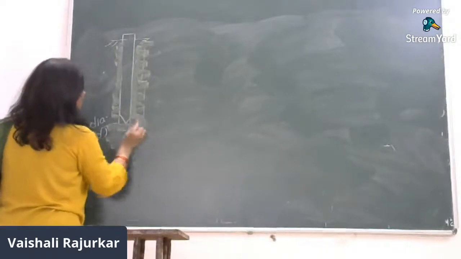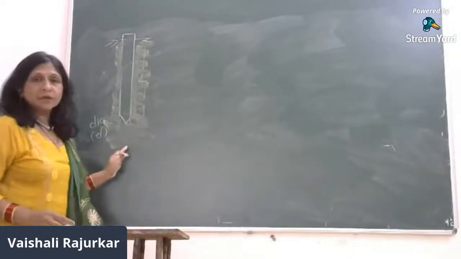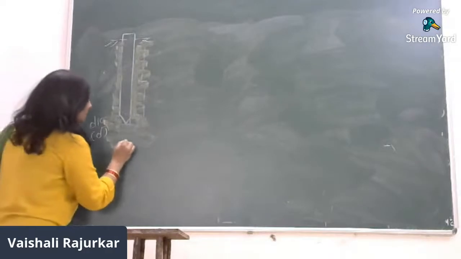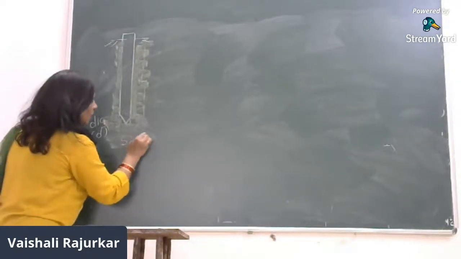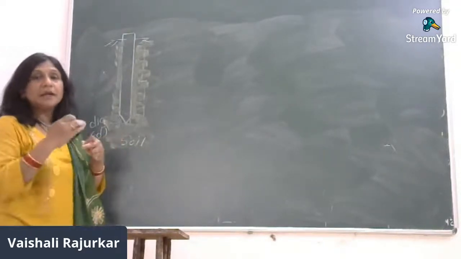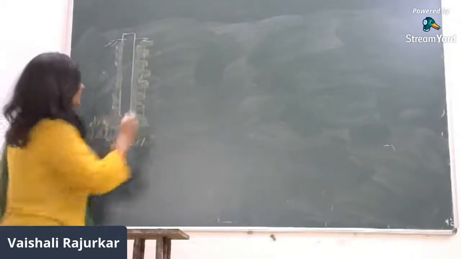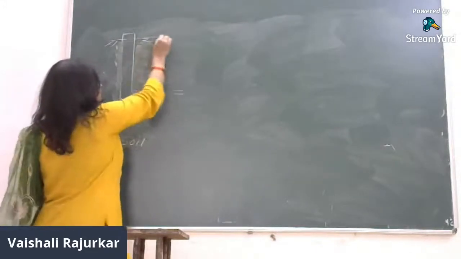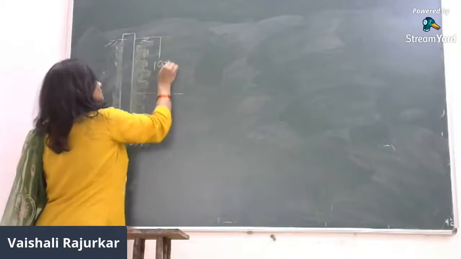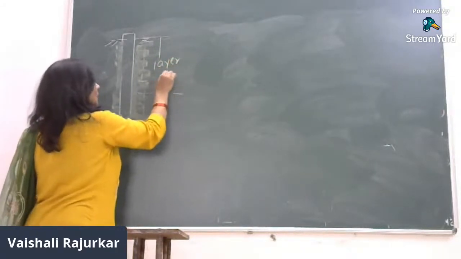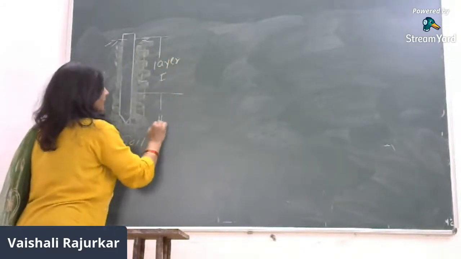Also, some soil is available over here. Suppose this soil has different properties if there are different soils, means there is a layered soil deposit. This is the first layer, and this is the second layer.